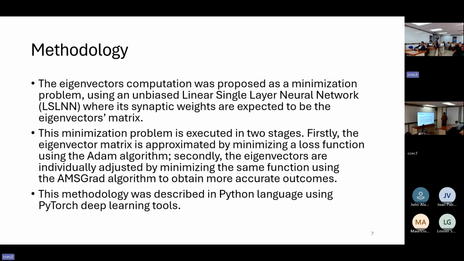In the first stage, we approximate the eigenmatrix completely. In the second stage, we handle each eigenvector individually, minimizing the loss function we propose in the work. And finally, we are going to talk about the results. This methodology was implemented in Python using Python's deep learning tools.